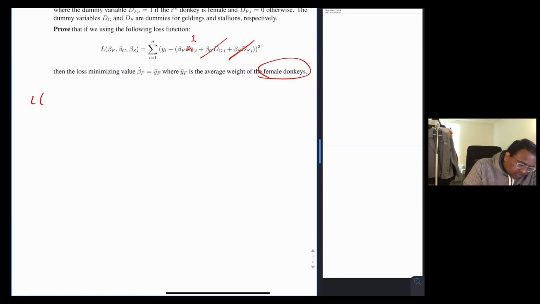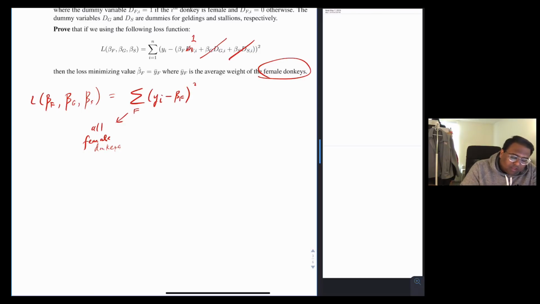So we can say our loss function is really equal to the sum over all female donkeys of yi minus beta F squared, plus similarly over all geldings of yi minus beta G squared, and then over all stallions, yi minus beta S squared. So our loss function is really these 3 separate sums.